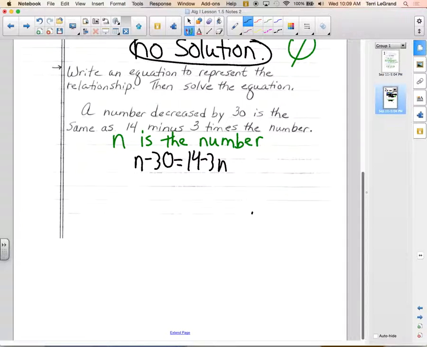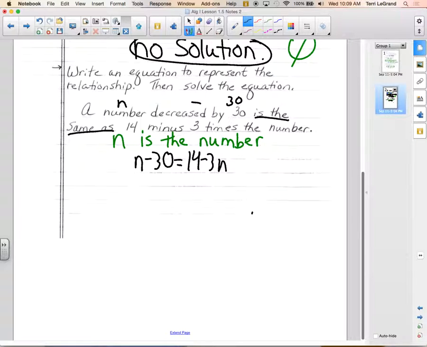Thank you, Sage. How are you guys feeling about Sage's equation? Do you like it? Can we go with it? I love how, in this problem, it follows word for word from the first sentence. A number, that's n, decreased by, that's subtraction, 30, 30 is 30, is the same as, what would that be?